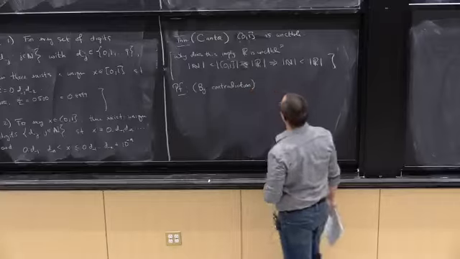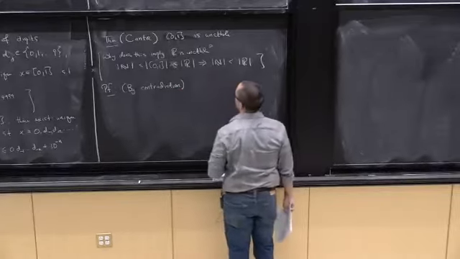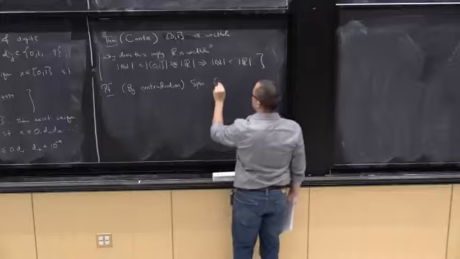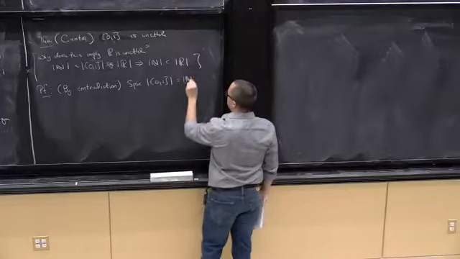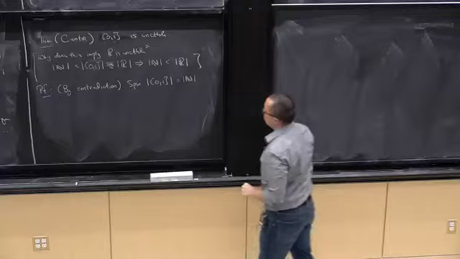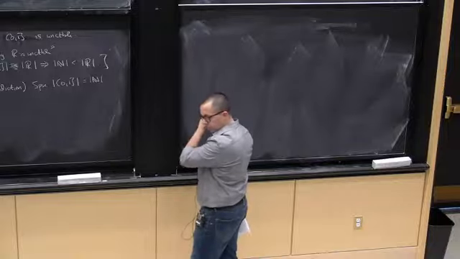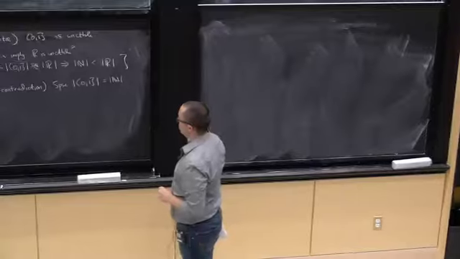So we're going to assume that this is countable. So it can't be finite. There's infinitely many elements in here. So suppose that in fact it has the cardinality of the natural numbers. And we're going to arrive at a contradiction.